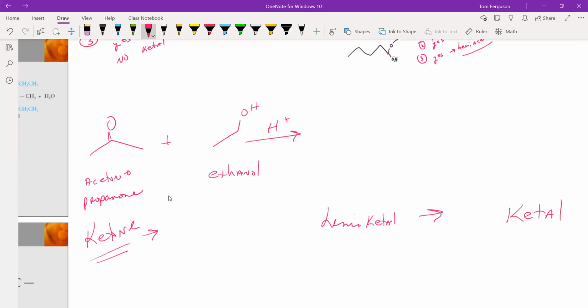That means the alcohol is going to attach on that carbon there.